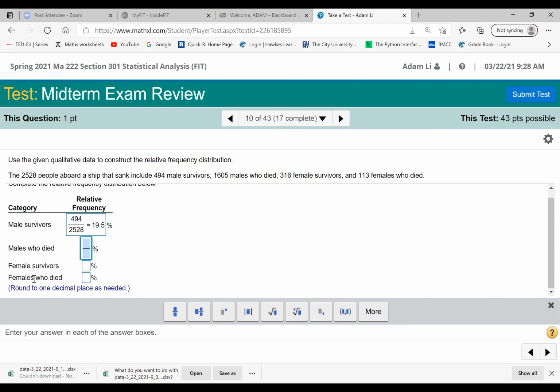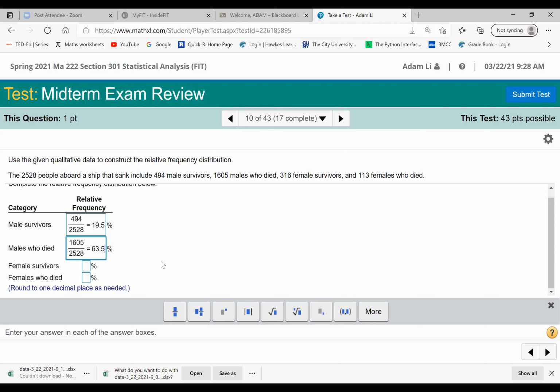Okay, and the second one, males who died, we have 1,605 males who died, divided by total people on board. So 2528, and let's see what that is. So 1605 divided by 2528. And this turned out to be 63.5%, if you round to one decimal place.